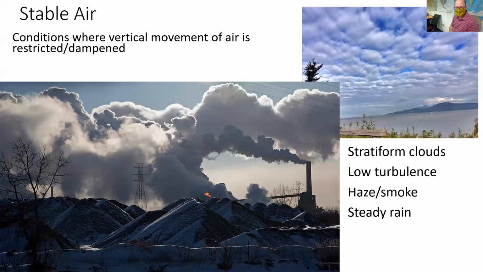Another indication of stable air is the smokestack, right? It's pumping out some steam, water vapor, and you'll notice that it's not going straight up into the air. You might have some wind blowing it, but even then, this picture looks like it was taken maybe several minutes to hours after the smokestack started pumping out its emissions.